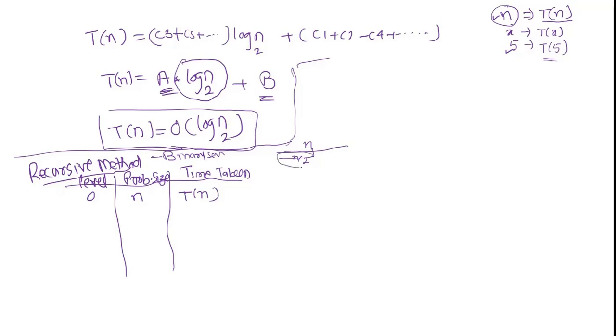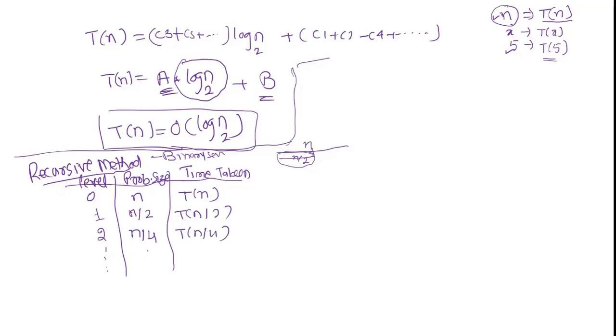So our problem size in the next level, level 1, becomes n by 2, and the time taken to search an element will be T(n/2). After the next level, the elements reduce to half again, so problem size is n by 4, and time taken will be T(n/4).